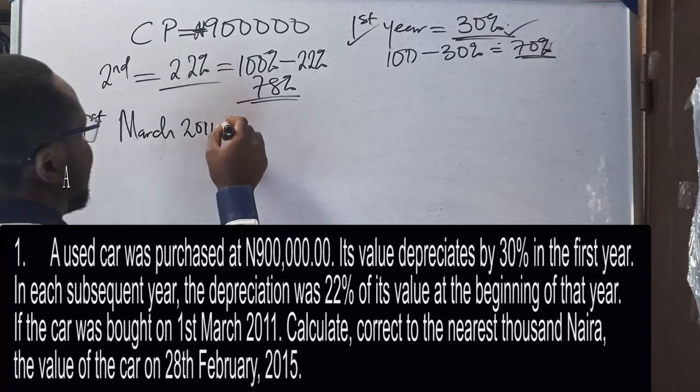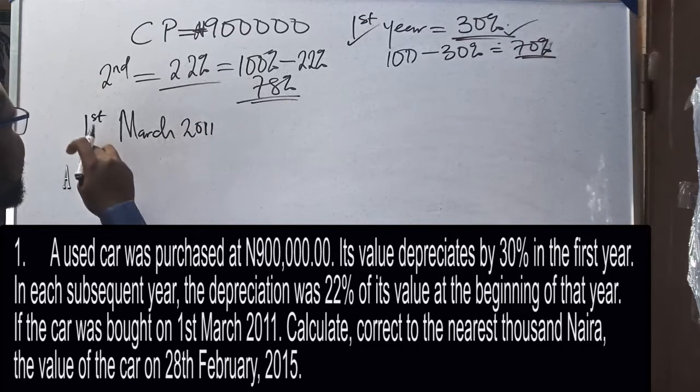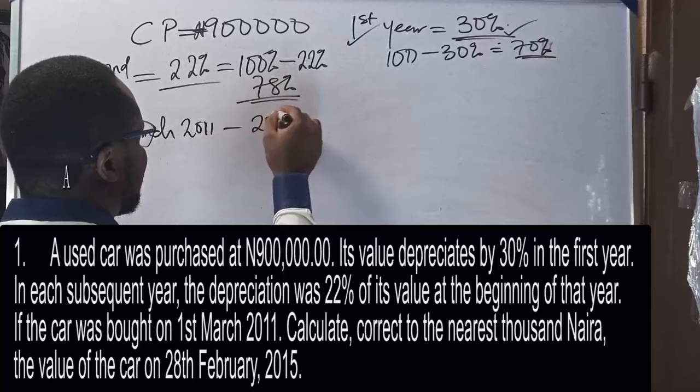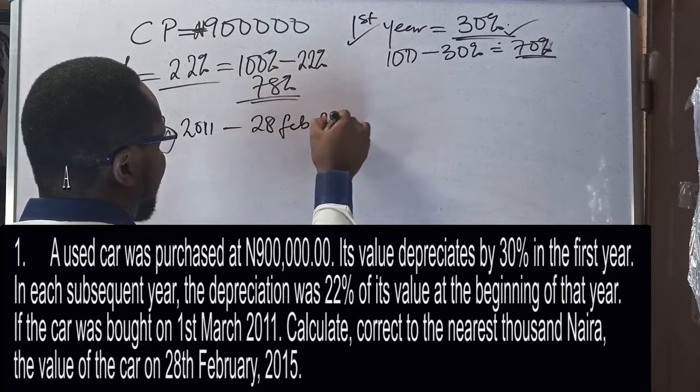So we're trying to get the depreciation from 1st March 2011 to 28th February 2015.